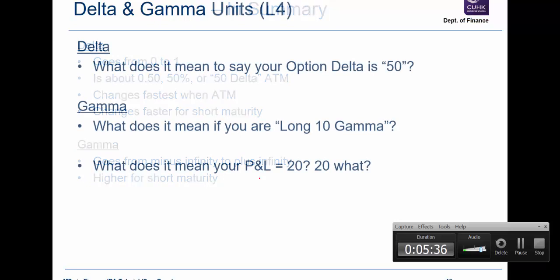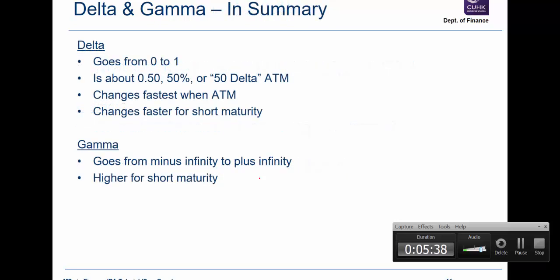So delta, as you know now, I'm going to stick to a call option for now. Delta is just the change of the call option price when the stock price is changing. It is normally represented as a number either between 0 to 1 or even 0 to 100. Doesn't really matter, as long as you know what you are doing. If it's 0 to 1, obviously it will be 0 and then 0.2, 0.3, 0.4.